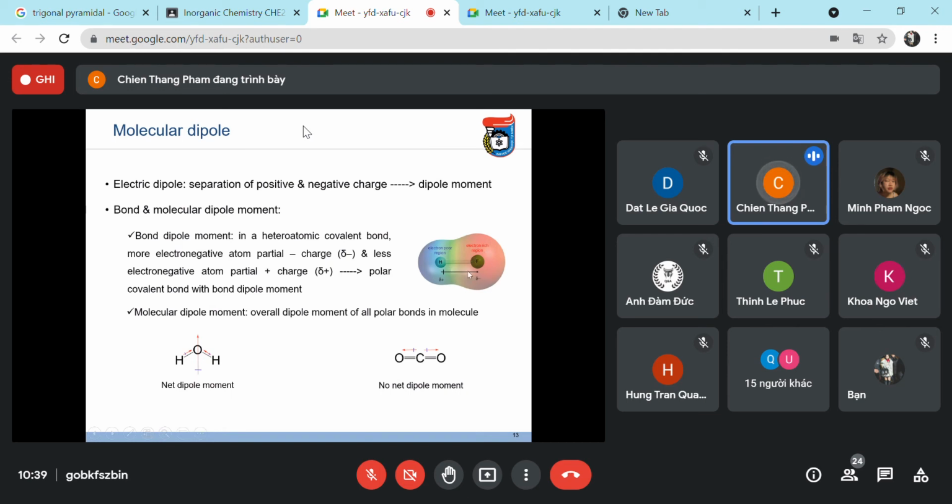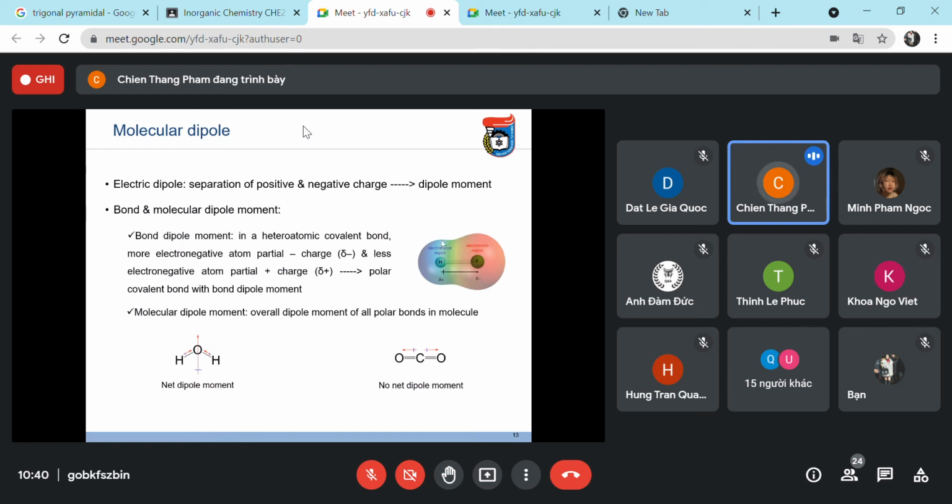This is because of the difference in electronegativities between the constituent atoms. For example, with hydrogen and fluorine, fluorine is one of the most electronegative elements, and hydrogen has much lower electronegativity. So in this case, we can observe a polar covalent bond.